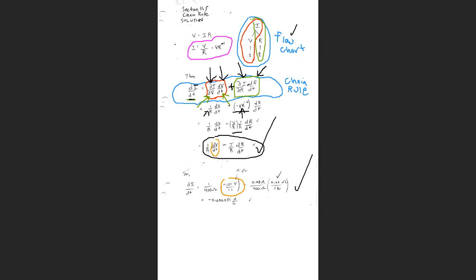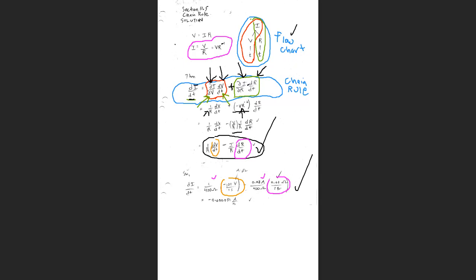And dR dt was equal to 0.03 ohms per second. That was given in the problem. And then all the other values also.